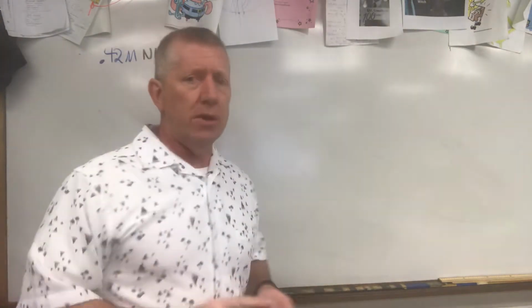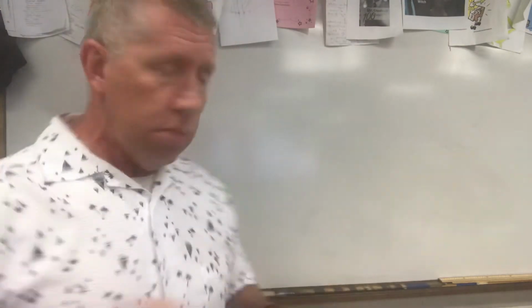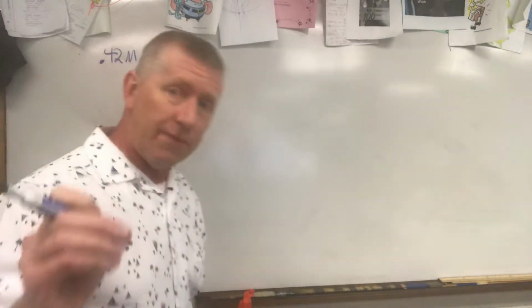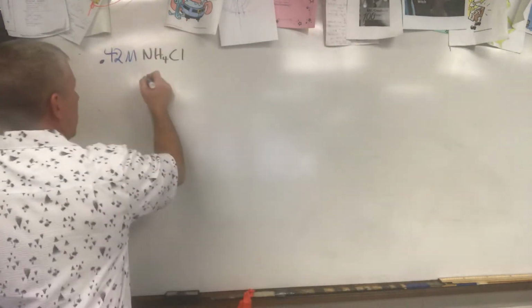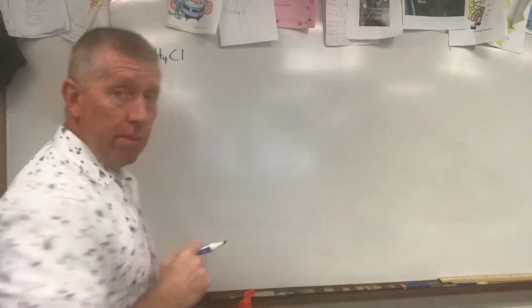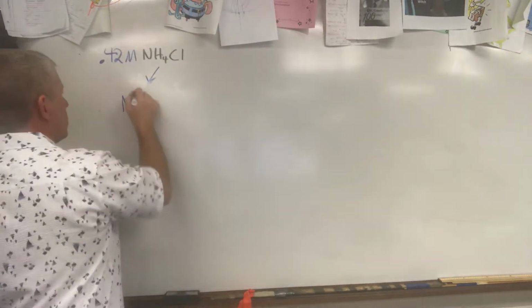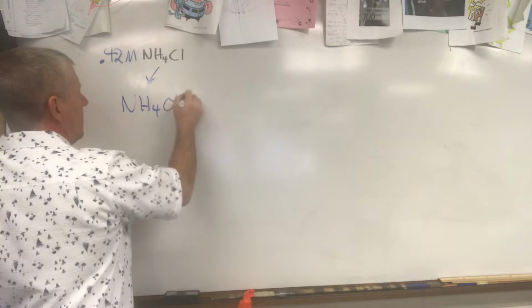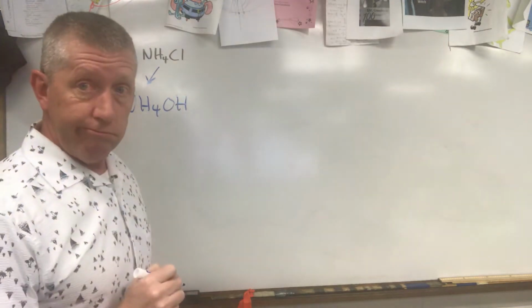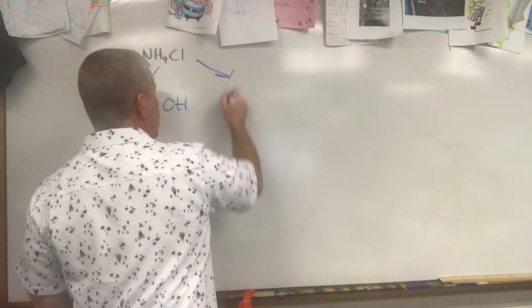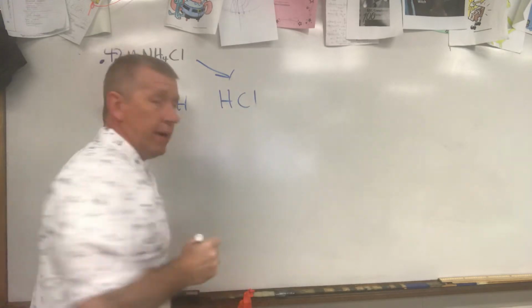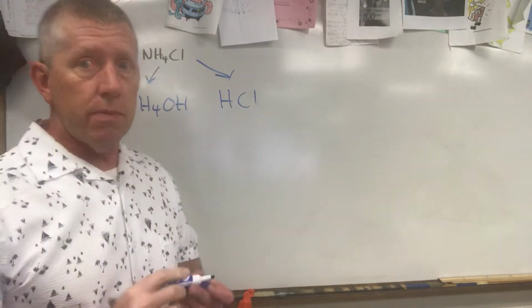But let's make a prediction. Let's predict what we should get for a pH. All right. The ammonium is going to want to connect with OHs. The chlorine is going to want to connect with hydrogens.